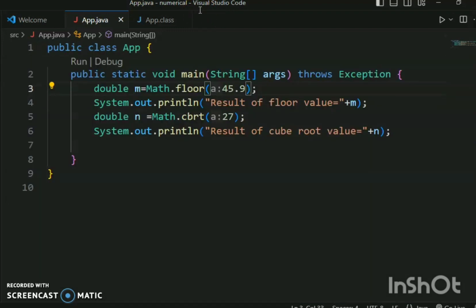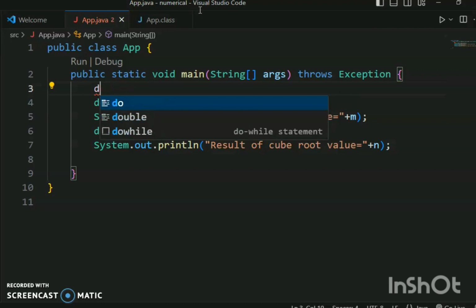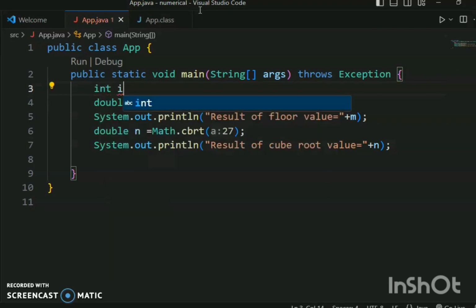How can I work this, because I have to remove this portion. I write here int i, and double.